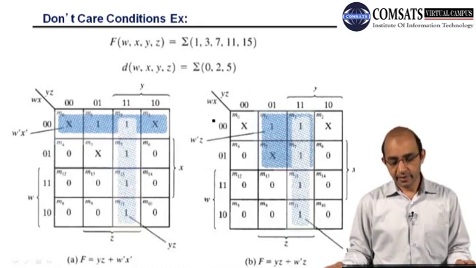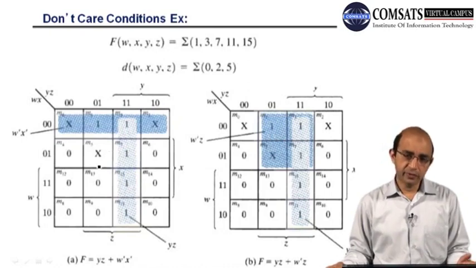So here you can see that we have utilized another grouping, right? What we did is use this don't care, because we always have a choice.